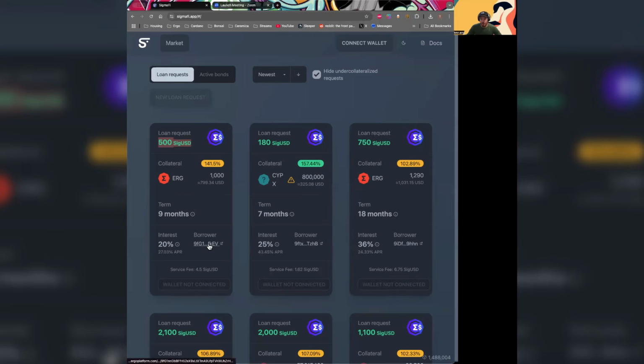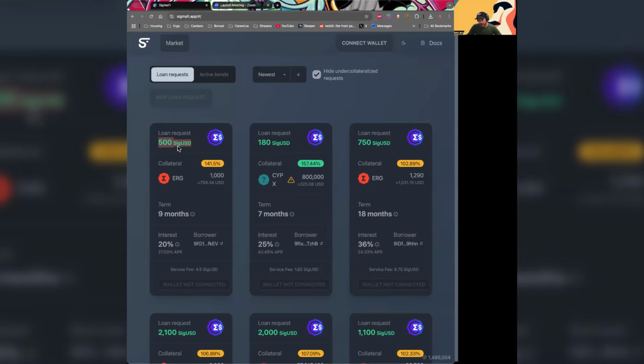You can look at the borrower's address, and you could probably look up their history and see if they have a bunch of successfully repaid loans. And all it really is, is you looking at these terms and agreeing to fulfill that.